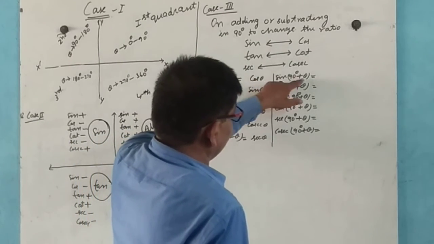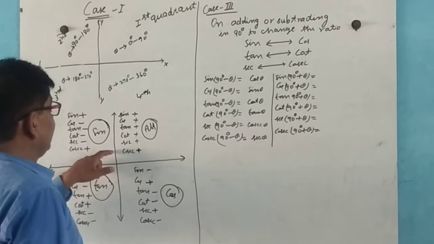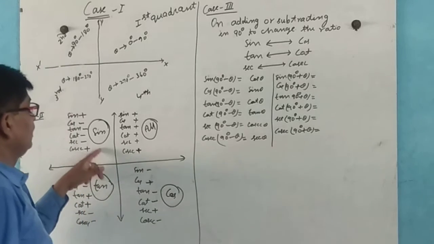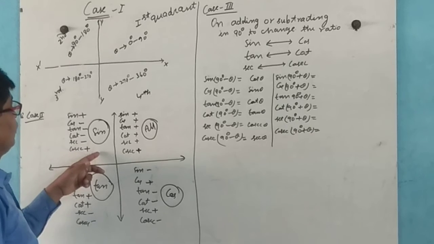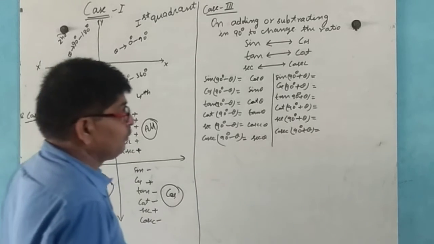Here sin 90 plus theta, we move from this 90 up plus, so that in the forward direction, in this coordinate only sin and cosec are positive, rest are negative.